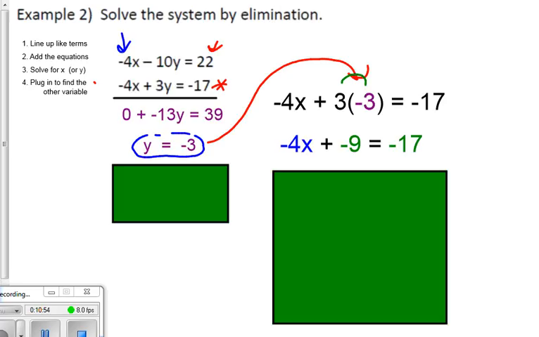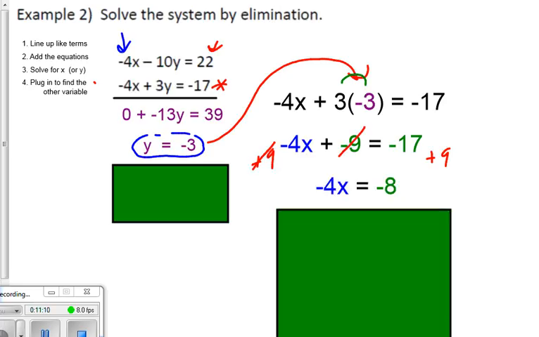So at this point, we need to move that negative 9 away from our x terms. So we're going to add 9 to both sides of the equation. When I do that, that's going to cross those pieces out. So we just have negative 4x on the left side.